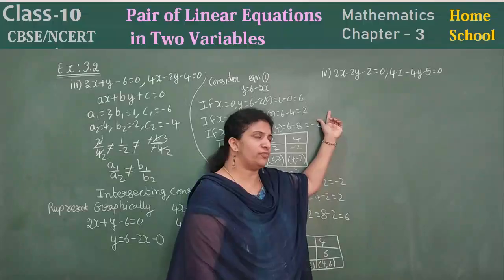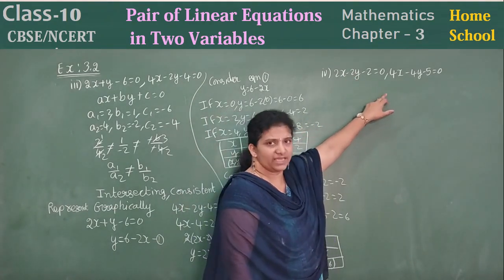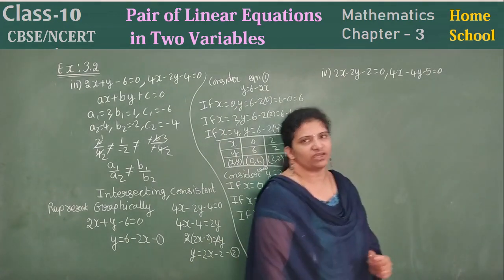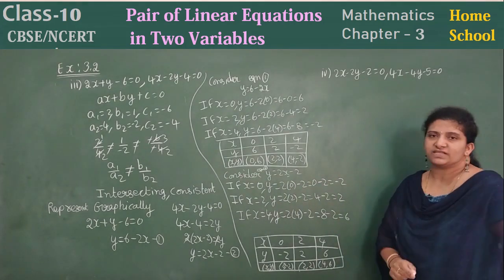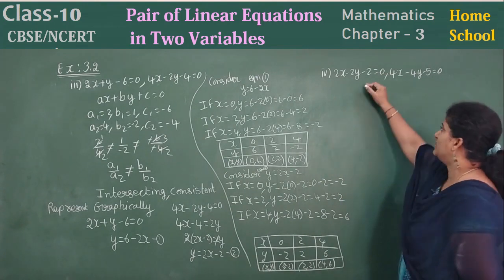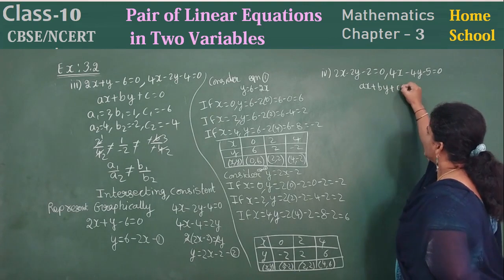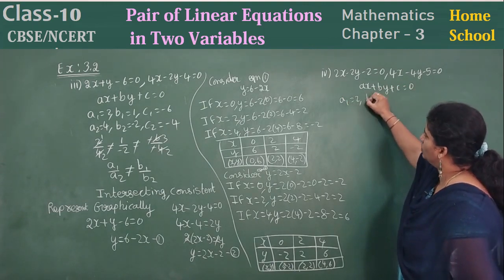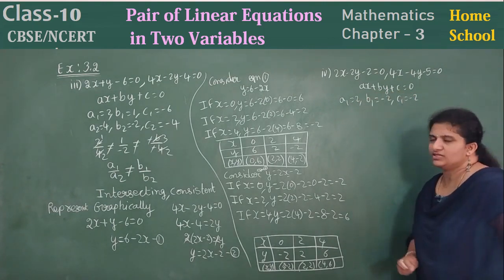Okay? Fourth problem here: 2x minus 2y minus 2 equal to 0, and another equation 4x minus 4y minus 5 equal to 0. So look here, children, comparing the two equations with the standard form of the pair of linear equations in two variables, ax plus by plus c equal to 0, we get a1 equal to 2, b1 equal to minus 2, c1 equal to minus 2.